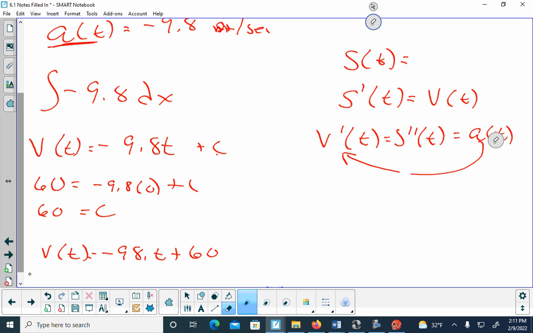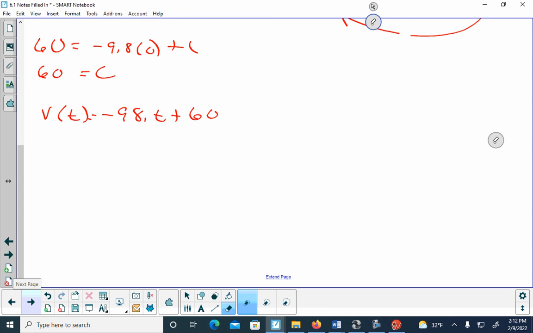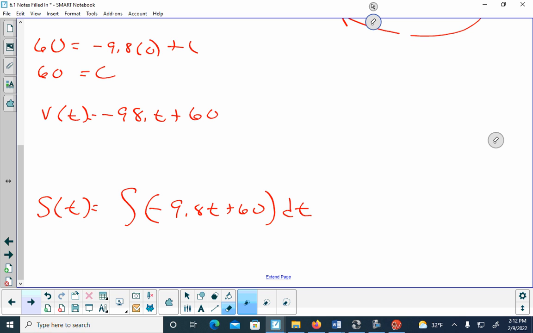Now can I find my position function? How would I find my position function? Do the antiderivative of this. So my position, and what is the antiderivative of that?